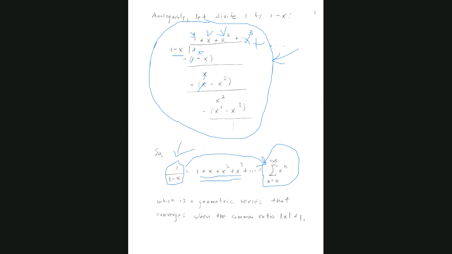And we know that this power series, which is a geometric series, converges when the absolute value of the common ratio x is less than 1, or when -1 is less than x, which is less than 1. Okay. Are there any questions so far?